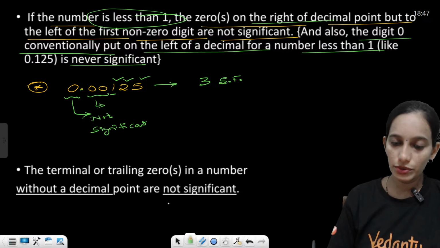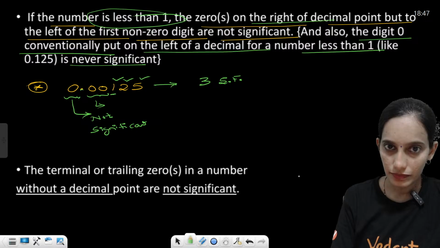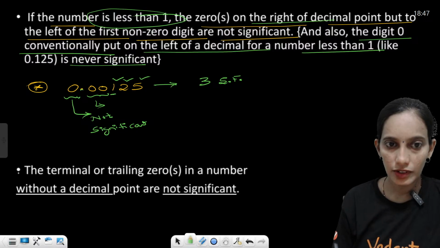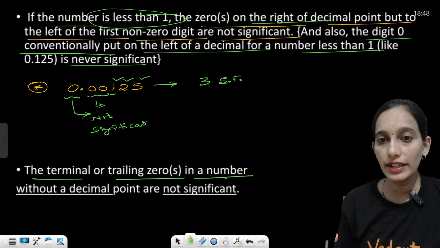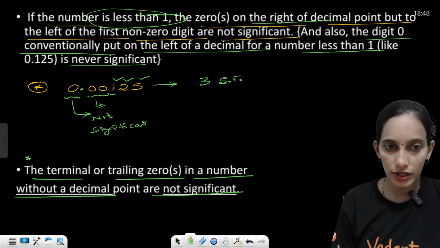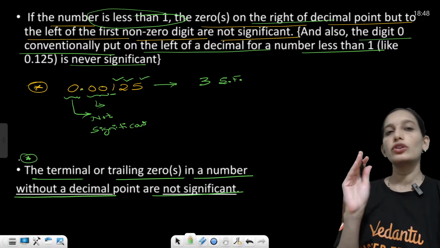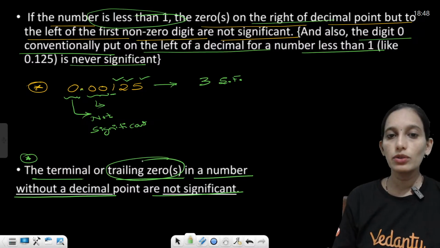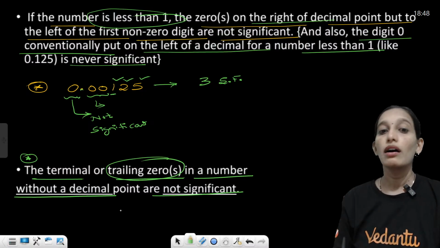Okay, so moving to the next rule: the terminal or trailing zeros in a number without a decimal point are not significant. So again, this is one very important point. If there is no decimal point in the given number, then the trailing zeros, the zeros at the end, are not significant.